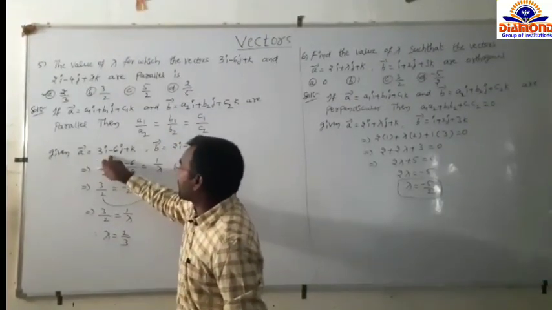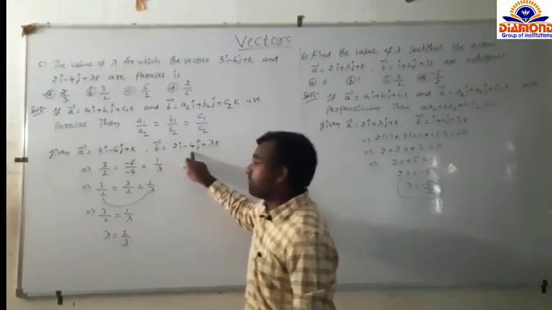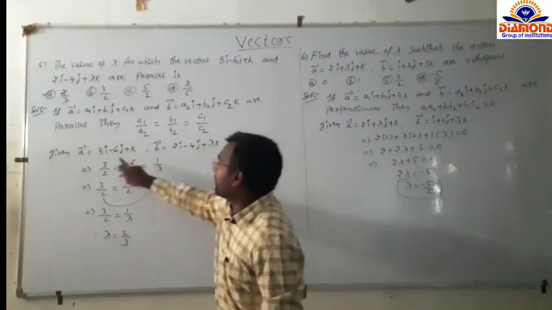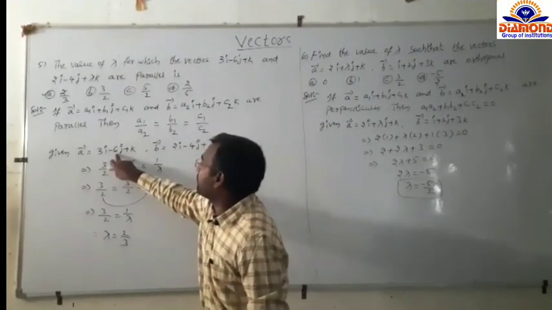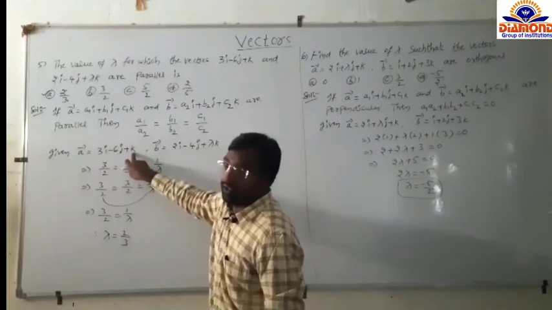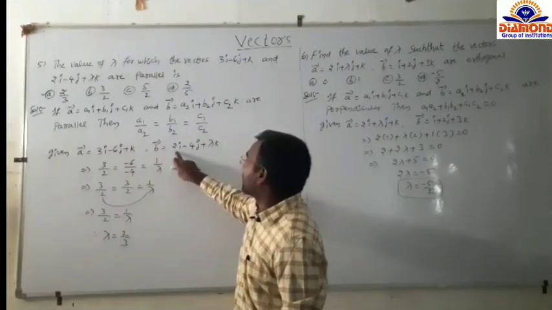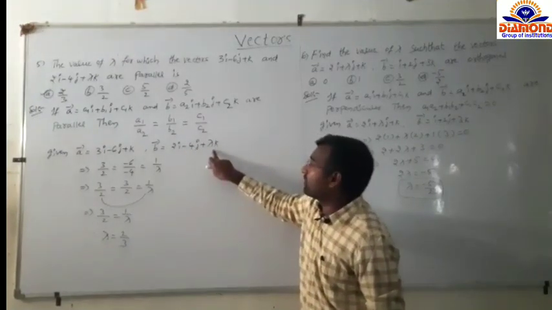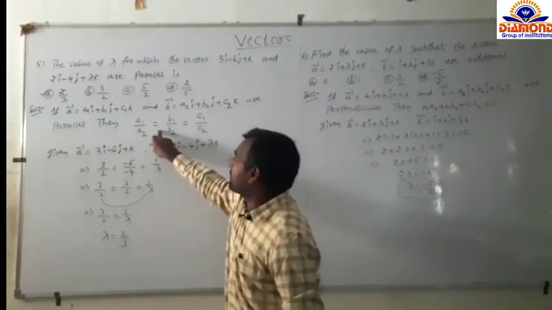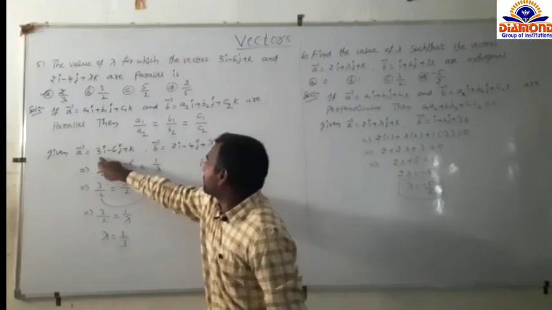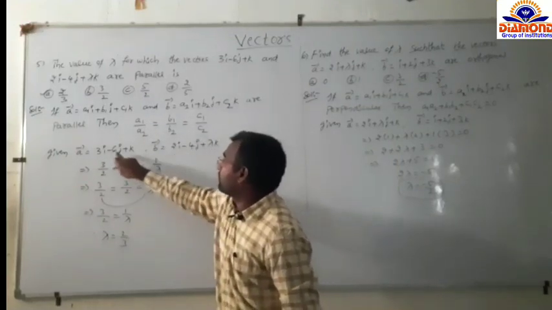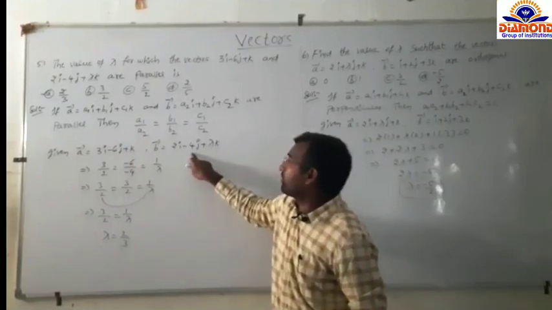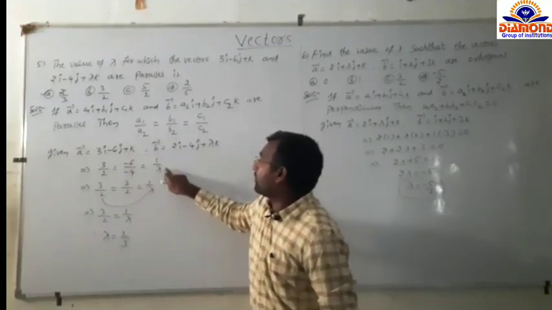So the given first vector is a bar, second vector is b bar. In the first vector a1 is 3, b1 is minus 6, c1 is 1, the k coefficient here. Next in the second vector a2 equal to 2, b2 equal to minus 4, c2 equal to lambda. Now apply this condition: a1 by a2 is 3 by 2, equal to minus 6 by minus 4, equal to 1 by lambda.